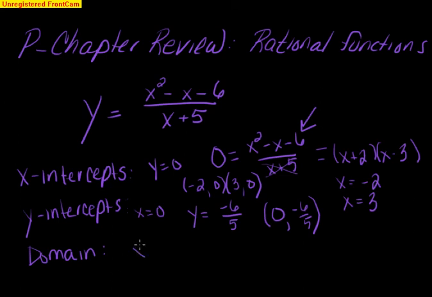All we're worried about now, when we look at our equation, once again, this time we only care about the denominator. We do not care about this numerator. We want to know what makes the denominator equal 0. Because if the denominator equals 0, then it is undefined. So in this case, no factoring necessary. We know that x cannot equal -5.